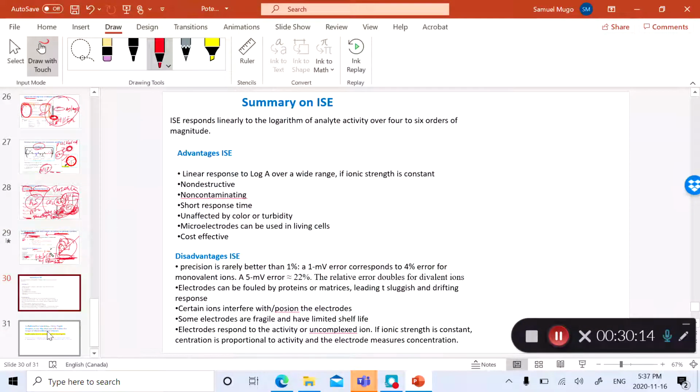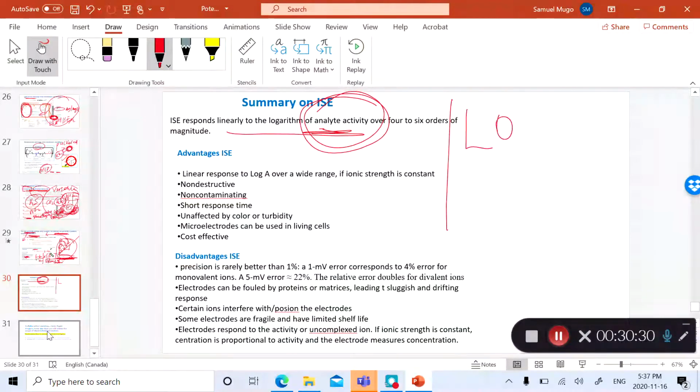So, a quick summary of ion selective electrodes: they respond linearly, generally, to the logarithm of analyte activity. So in most cases, you're measuring the activity, okay? I must say the following. In general, the limits of detection can be a problem.